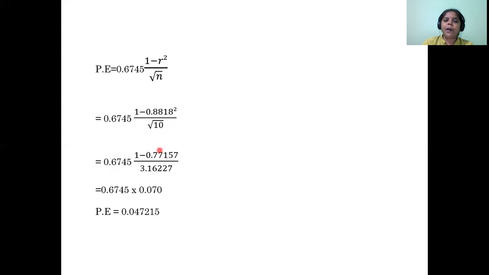You will get 0.77157. Divided by root 10, you get 3.16227. So now 0.6745 into 1 minus 0.77157 divided by 3.16227. You will get 0.070. First you have to subtract 1 minus 0.77157, and divide by 3.16227.